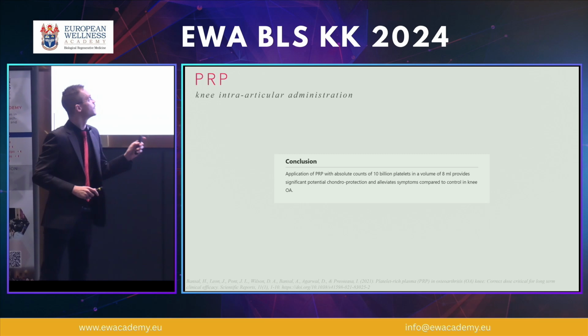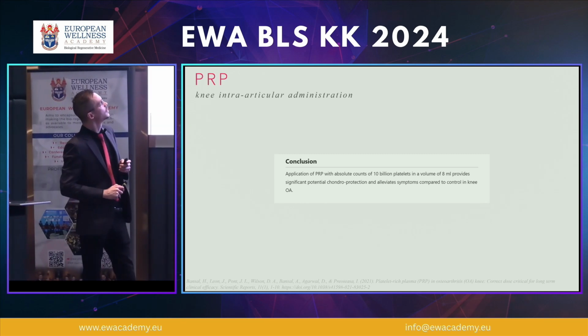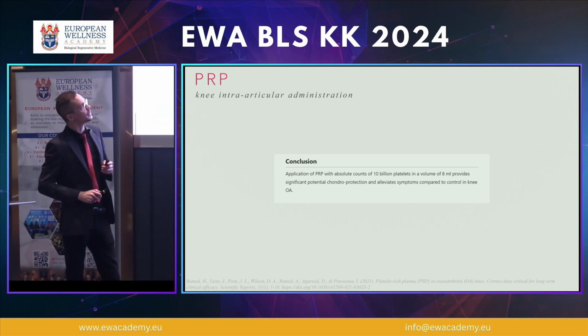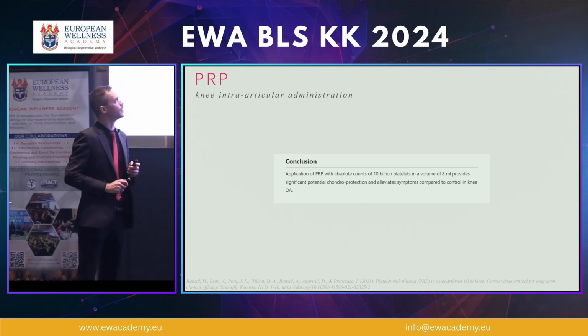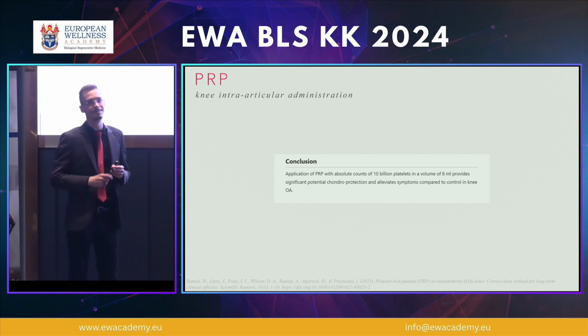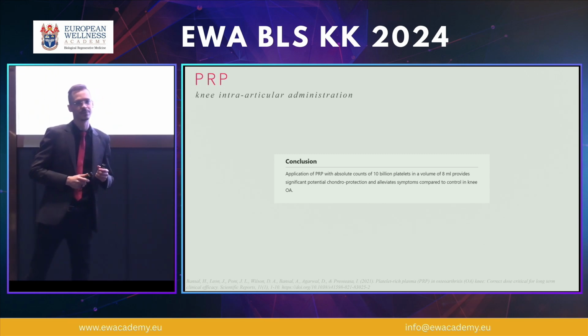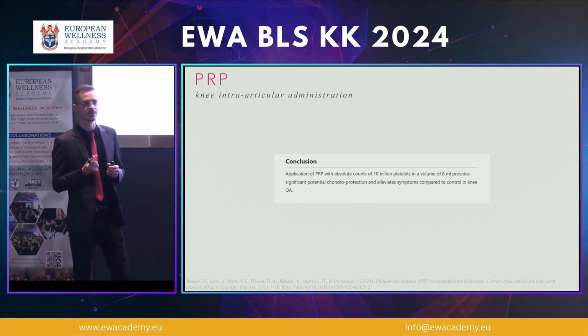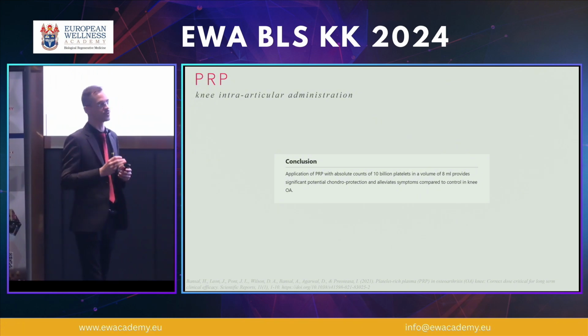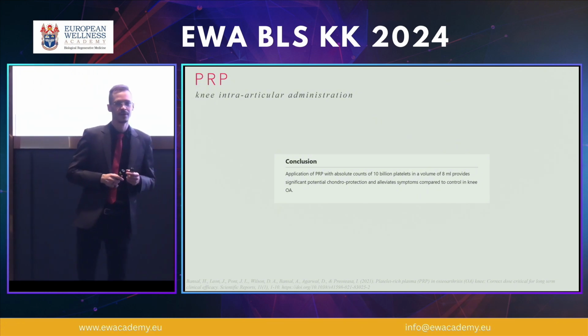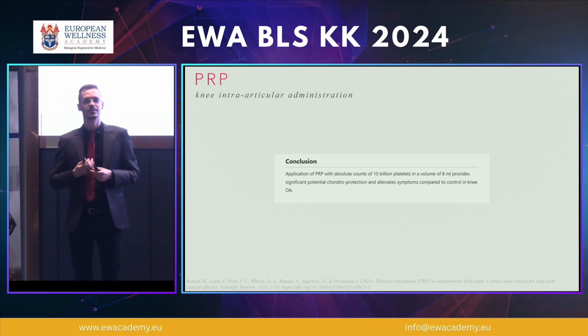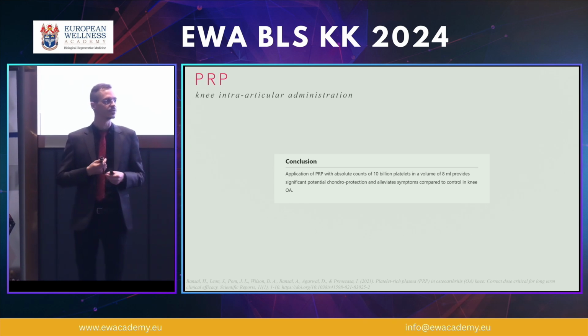And in this particular work, they were using 10 billion platelets in a volume of 8 milliliters. So they had 1.2 billion platelets in 1 milliliter of PRP, which is a super, super high concentration. And in order to do that, you have to have a laboratory.